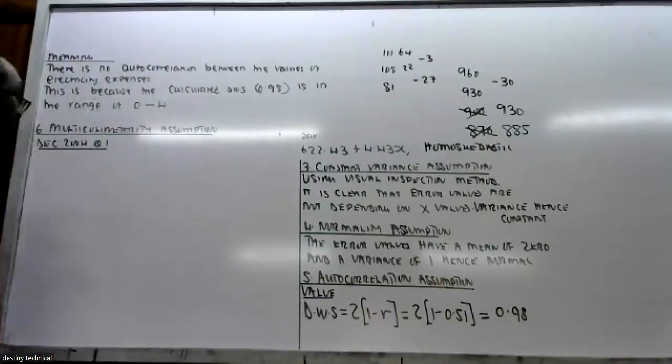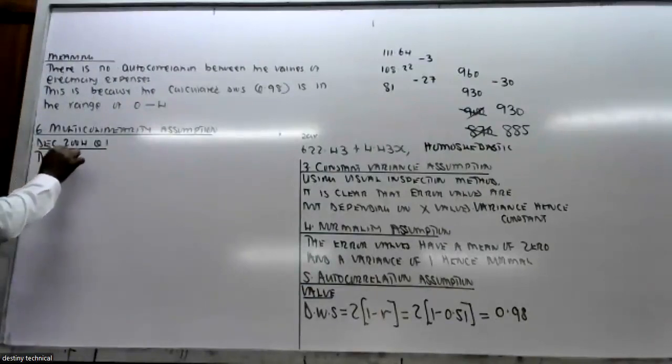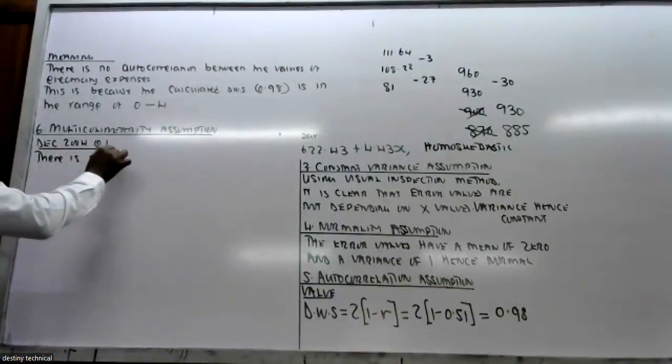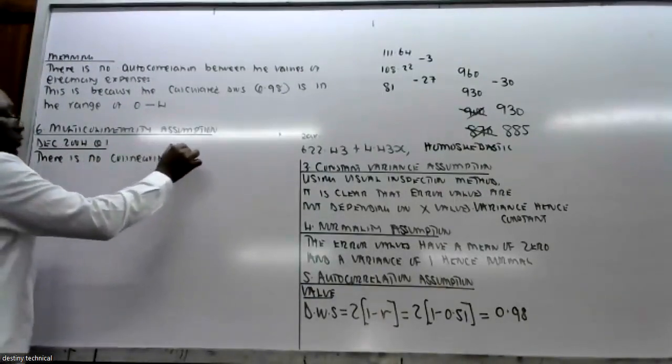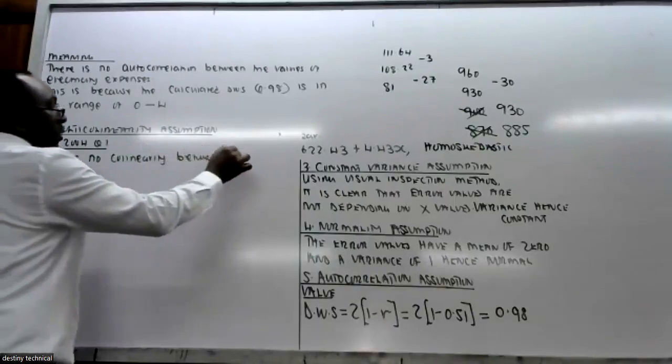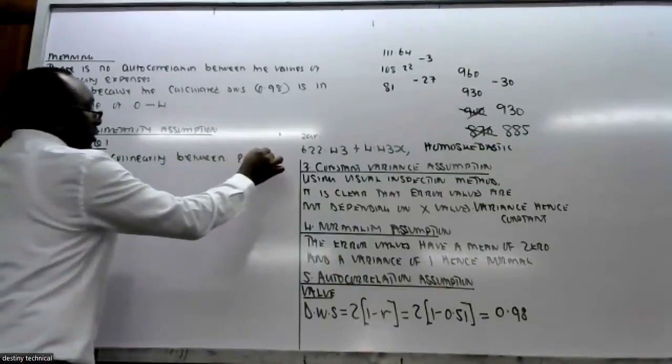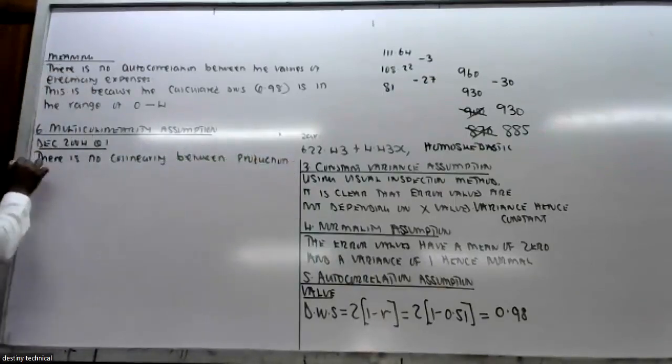So we can make a comment on that and say there is no collinearity between production and index.